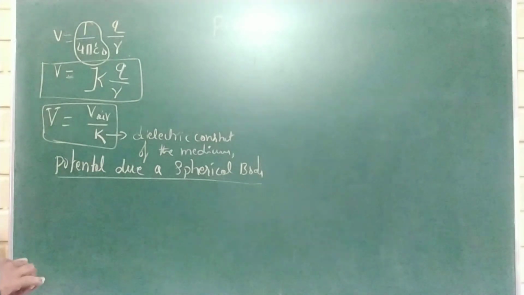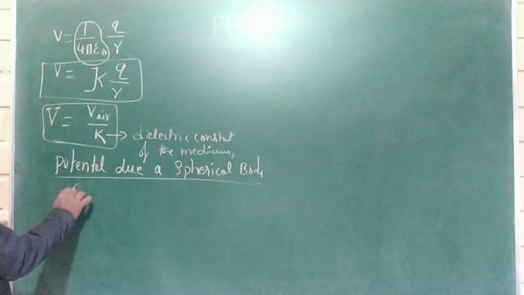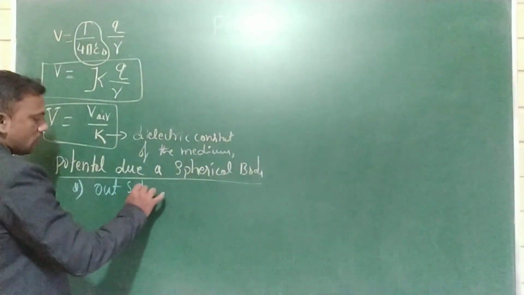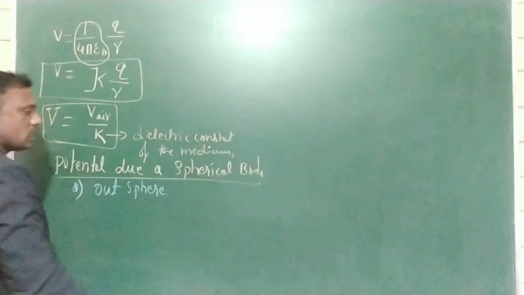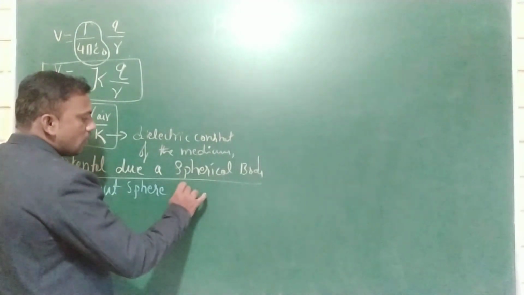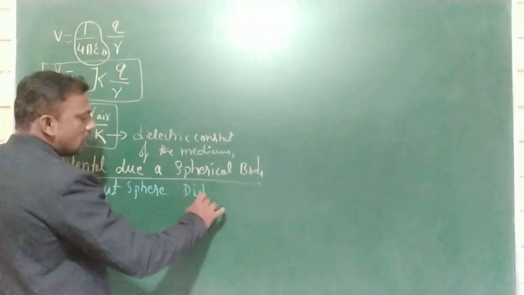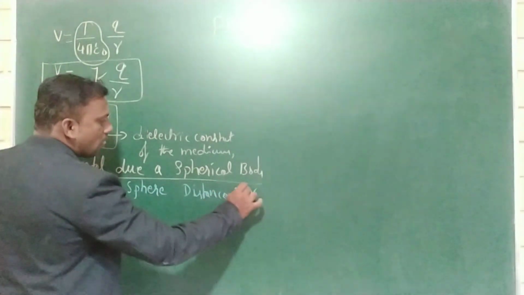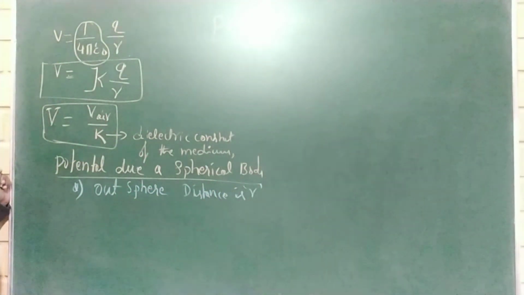There are three cases. The first case is outside the sphere, where the distance is small r.